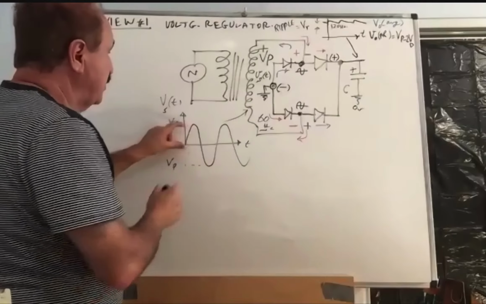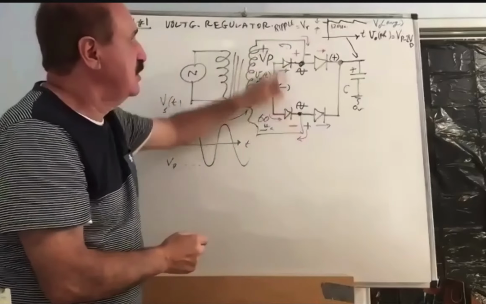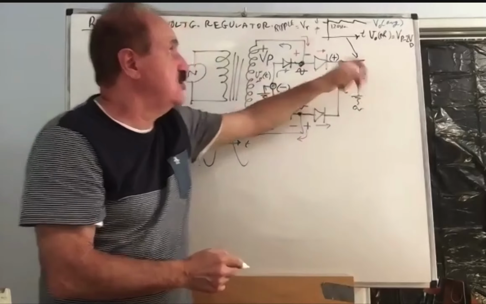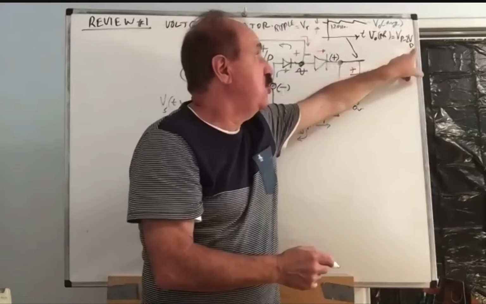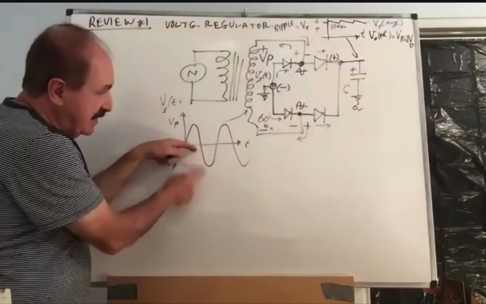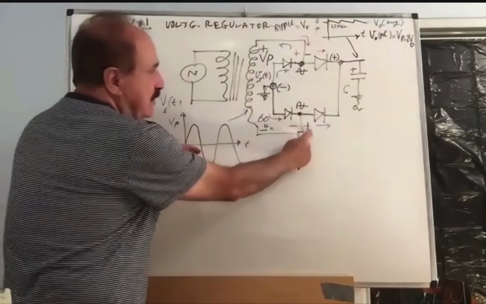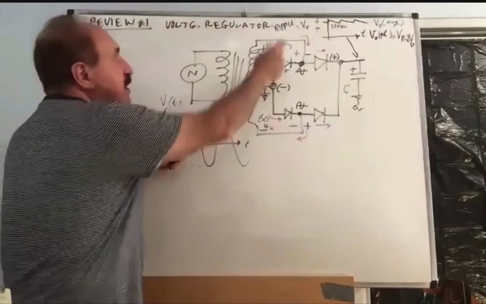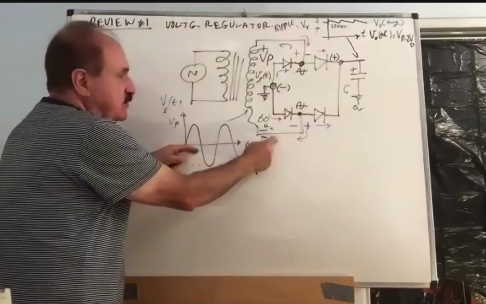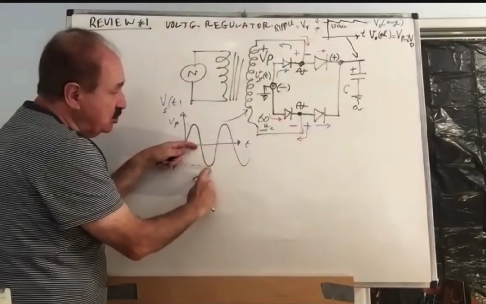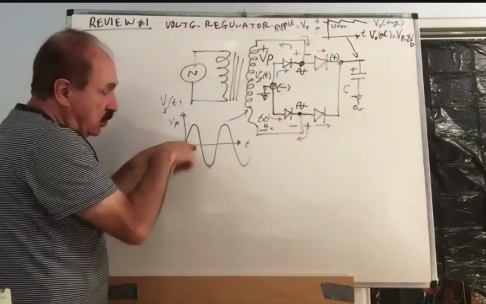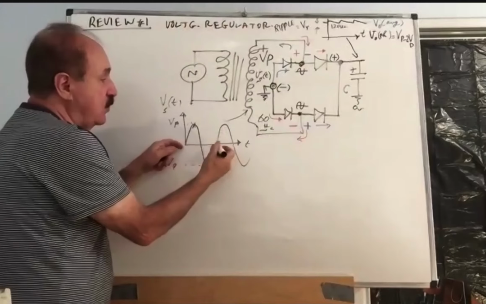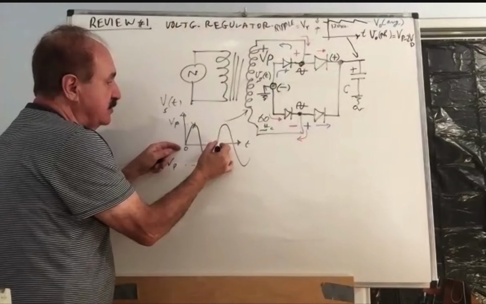But when it gets positive, the red ones, the top diode will conduct, it will charge the capacitor to Vp minus twice of Vd. And when it goes negative, the blue one that I marked, this side becomes positive with respect to that, or you can say this side becomes negative with respect to that side, then it will charge at the peak point at the lower D. So it will charge twice within one complete period.